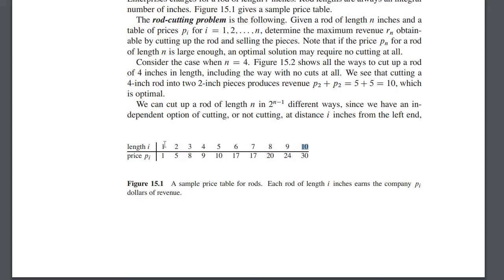I can make 10 unit pieces, or I can make 5 pieces of 2 unit length, or I can make 2 pieces of 5 unit length, or even I can make a few of 1 unit and a few of 2 units and a few of 3 units to make the total of 10, or I can keep 10 as it is. So what I need, in this problem, is to get the maximum price from the given length of the rod.